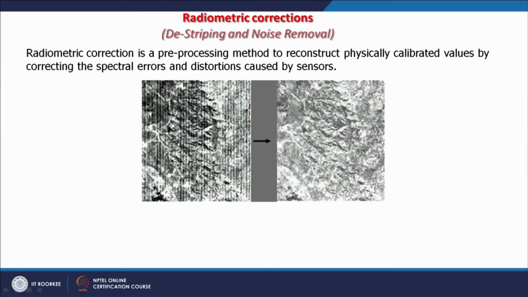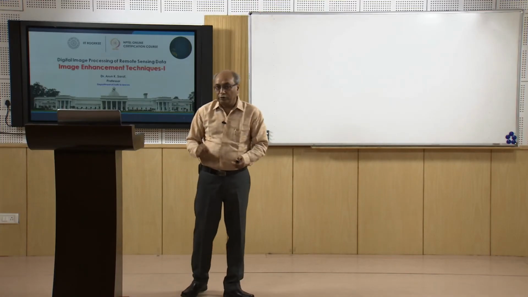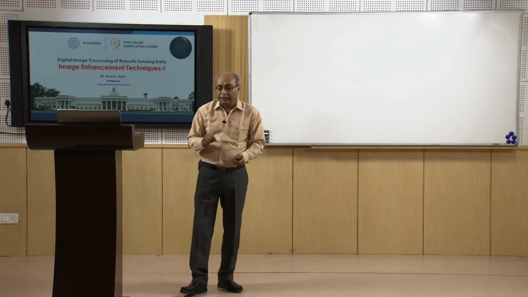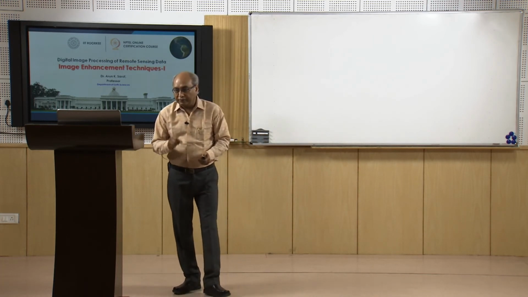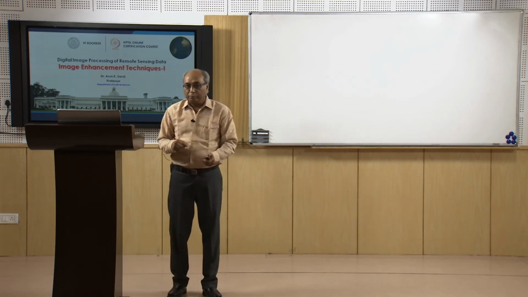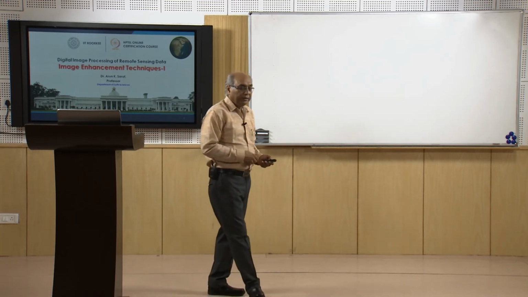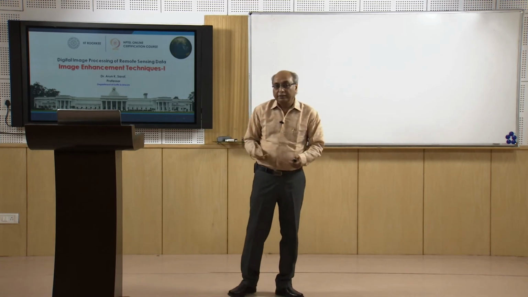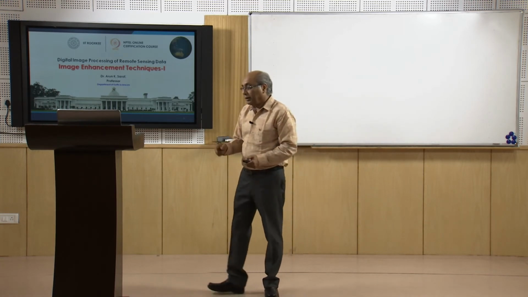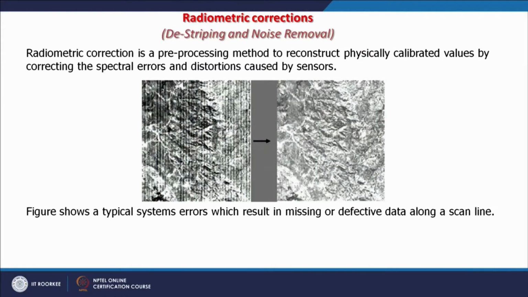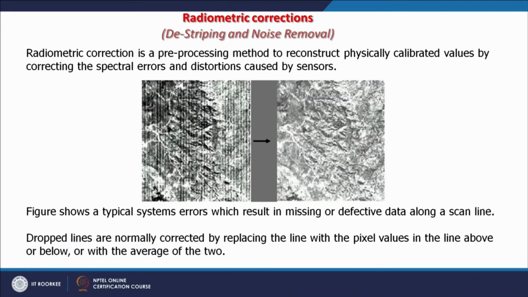Here, if it is systematic errors or systematic noise, it can be removed much more easily, but if it is non-systematic, then it becomes very difficult, because it is difficult to correct pixel by pixel. But if there is a systematic error, then appropriate algorithms can be developed. There are already some, and these can be employed to remove it, like in this example. This is a systematic error which results in missing or defective data along a scan line, and that has been removed.